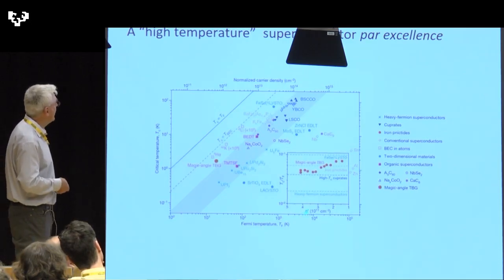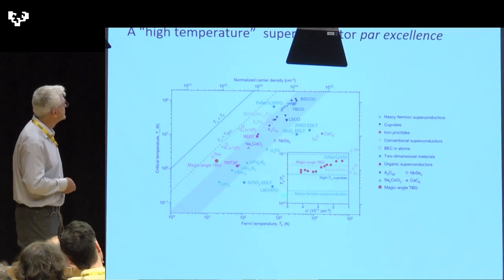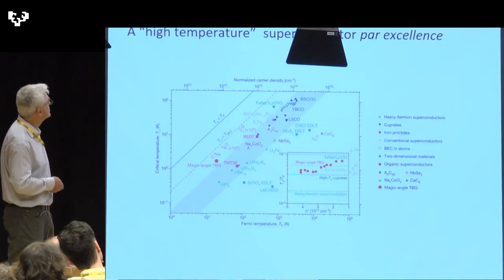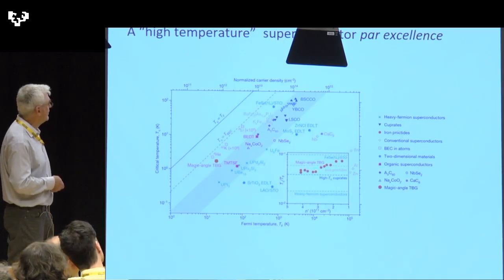To put it in a different way, if you plot again the ratio of the critical temperature to the Fermi temperature, you see here this dashed line down here corresponds to the heavy fermion superconductors. This dashed blue line corresponds to the average of high Tc cuprates. These dots are from measurements in different devices of magic angle graphene.